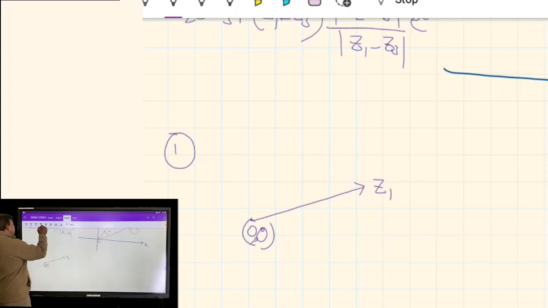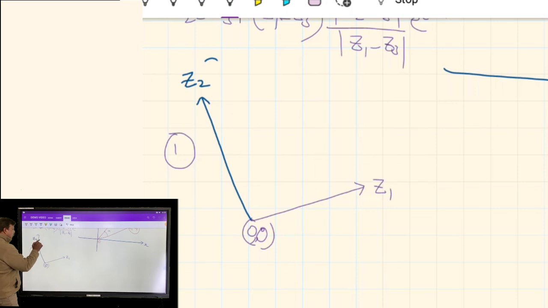Okay, students? Let's put this condition as well. So 90 degrees we have to rotate it. This is the complex number Z2 which we want to reach. This is 90 degrees, and I don't know what this Z2 is.